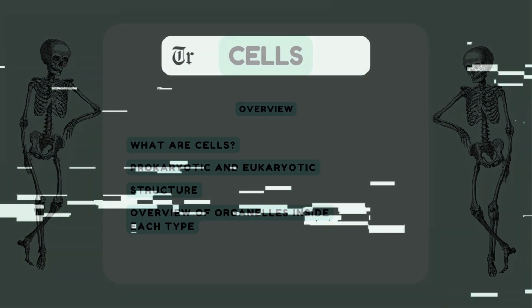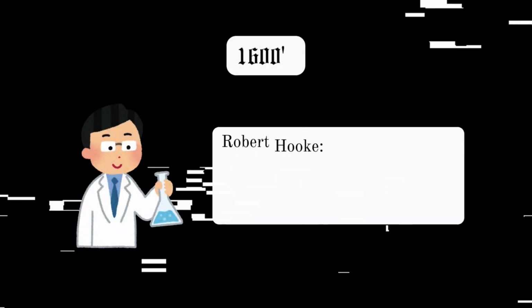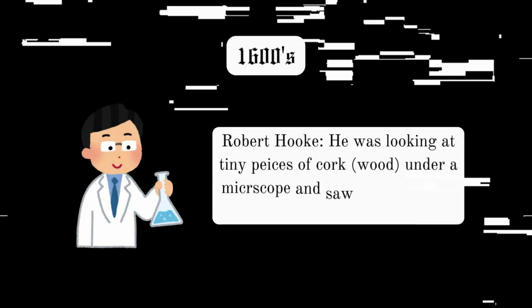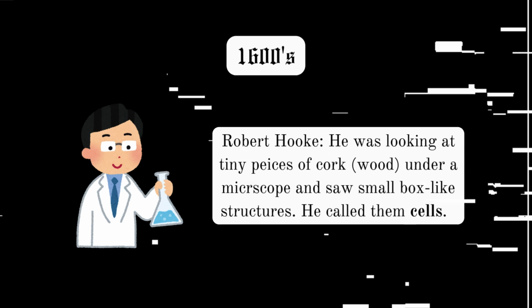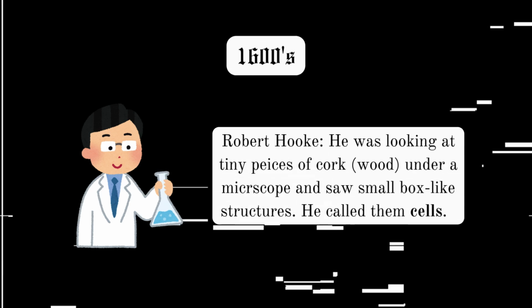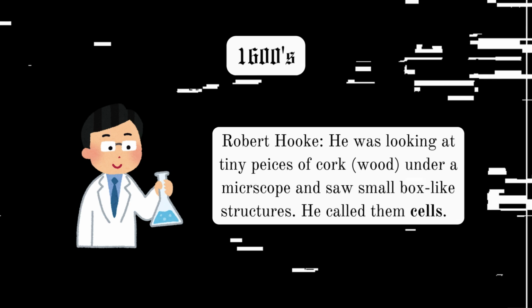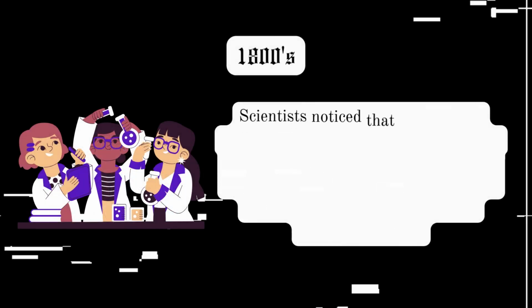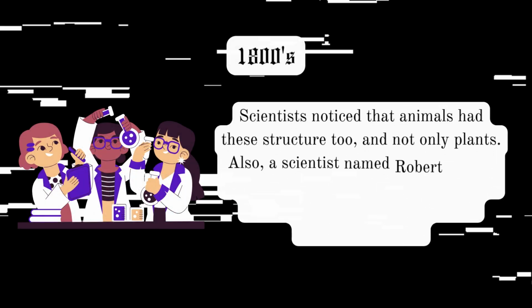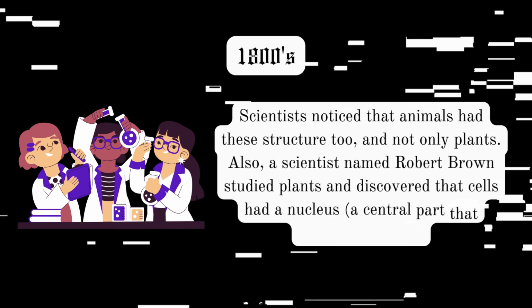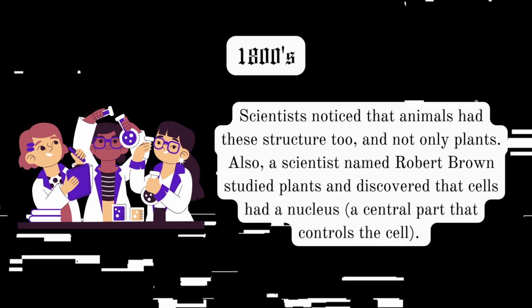So let's begin. To start with, let's travel back in time, all the way back to the 1600s. Robert Hooke was looking at tiny pieces of cork, which is wood, under a microscope and saw small box-like structures. He called them cells. In the 1800s, scientists noticed that animals had these structures too, and not only plants.